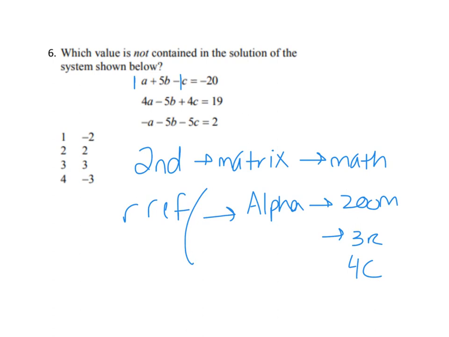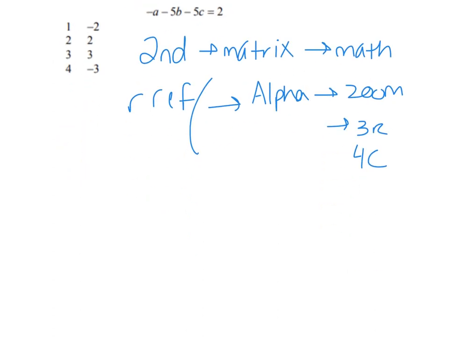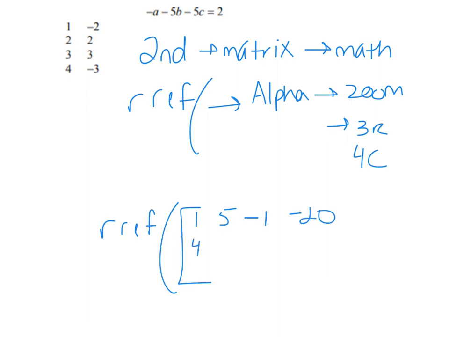So the calculator screen should look like RREF parenthesis bracket 1, 5, -1, -20, 4, -5, 4, 19, and -1, -5, -5, and 2.